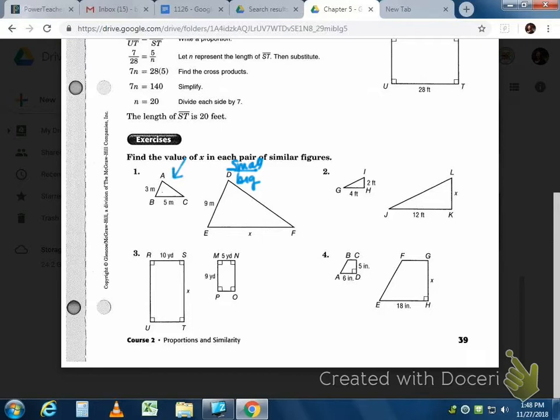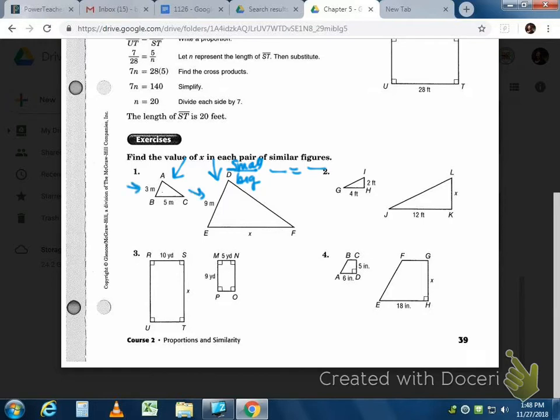So obviously ABC is small and DEF is big. Which two sides are given that match up from the small to big? The 3 and the 9. Do you see that? 3 on the left, 9 on the left.